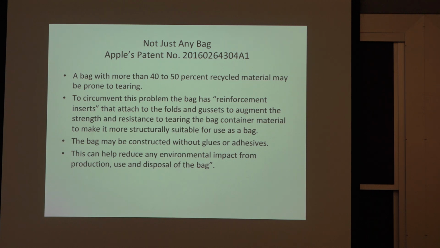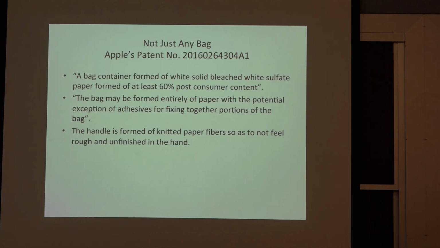Ah, well, so it said at least 60%, right? Well, Apple has now gone to 100%. So even though it said at least 60%, I believe, right? Okay, so Apple is getting a little bit better.